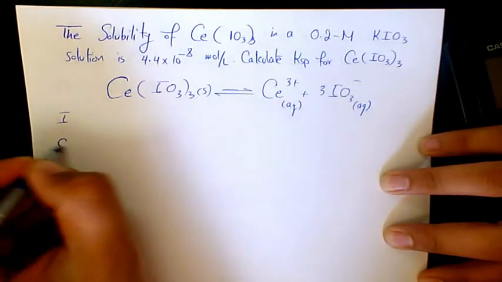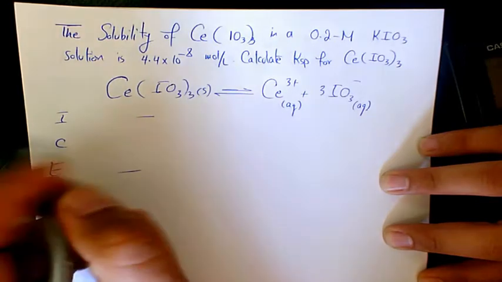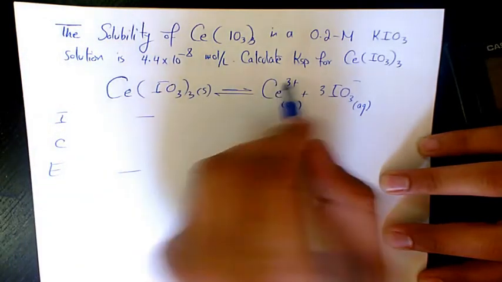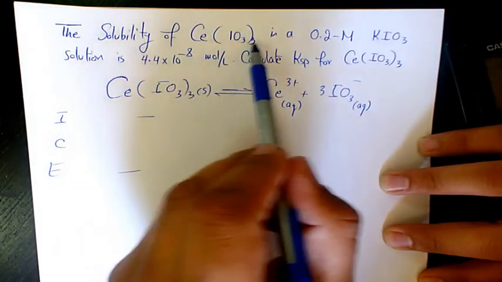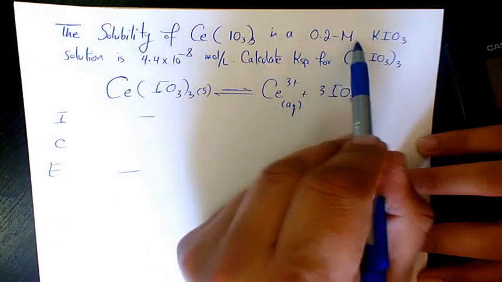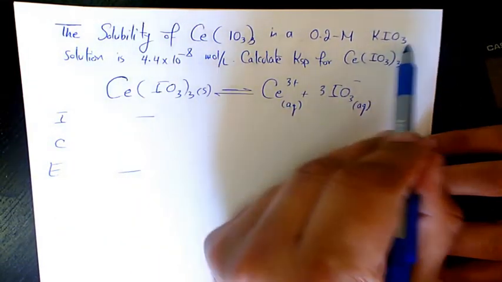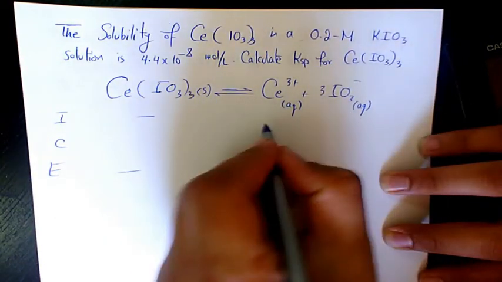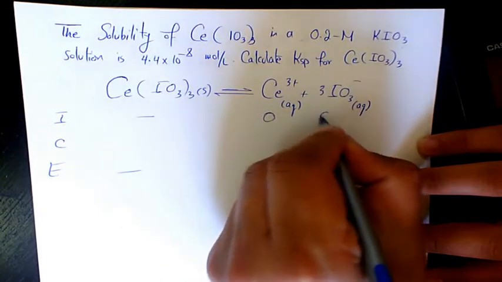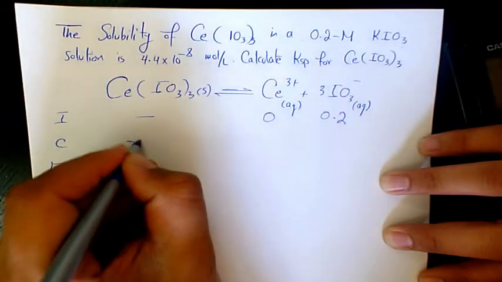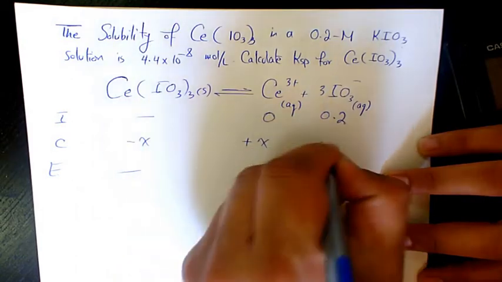We have I, C, and E. There is no initial and equilibrium. And it says the solubility in a 0.2 molar of potassium iodate. It means that initially we have no cerium, but we have 0.2 in here. Then negative x plus 3x.